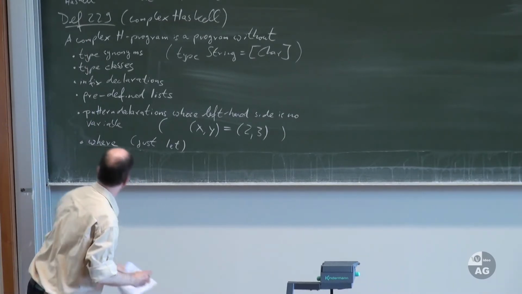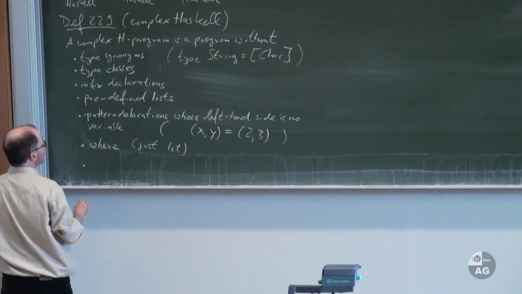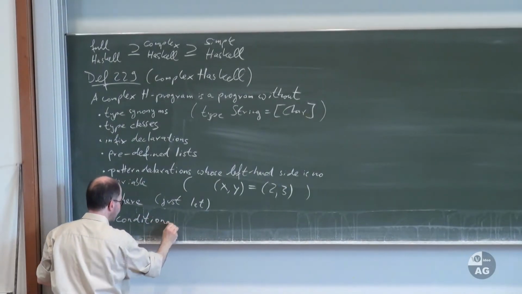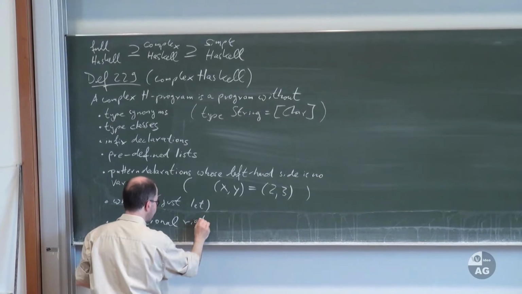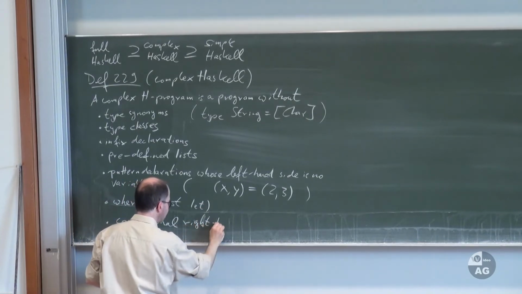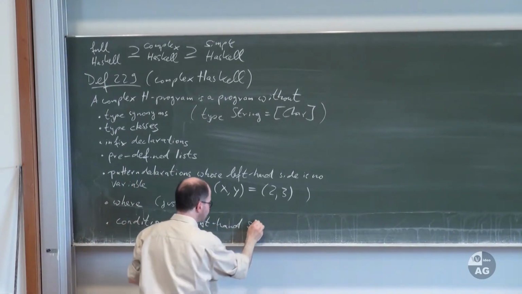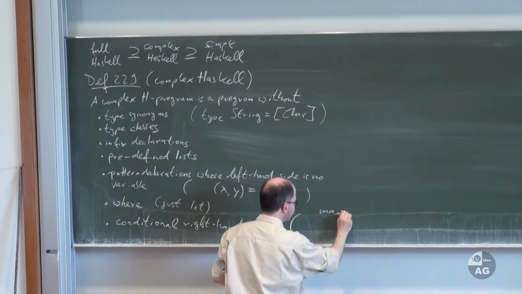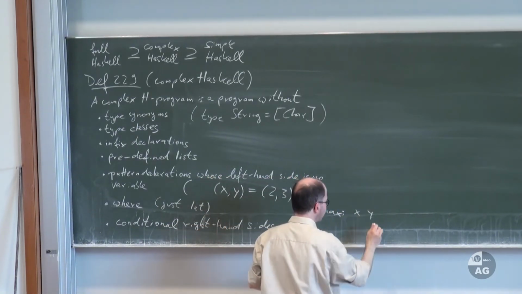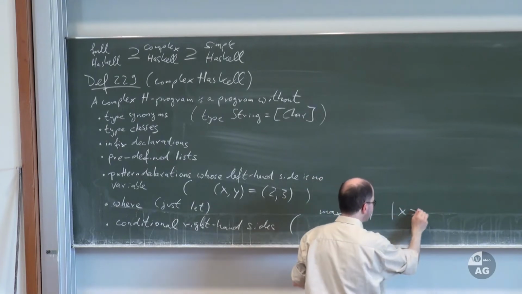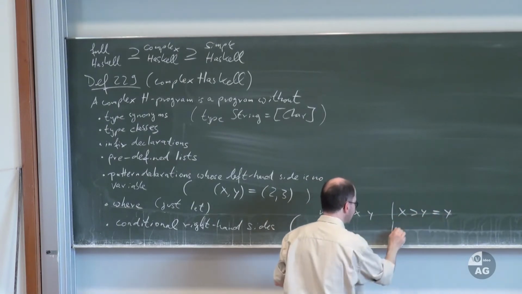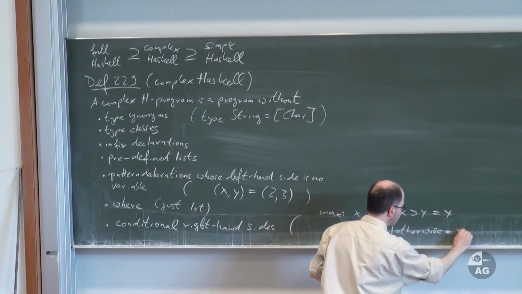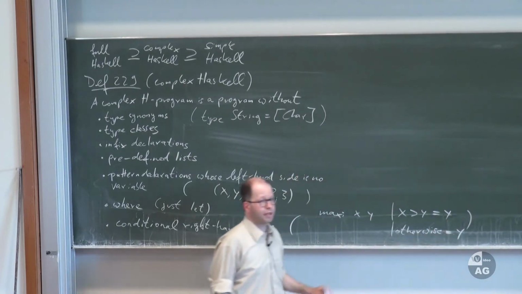Then we have no conditional right-hand sides. What are conditional right-hand sides? Well, something like this. If you want the maximum of x and y, then if x is greater than y, it is x, and otherwise it is y. So something like this we exclude.